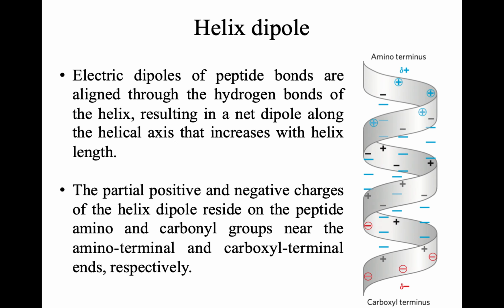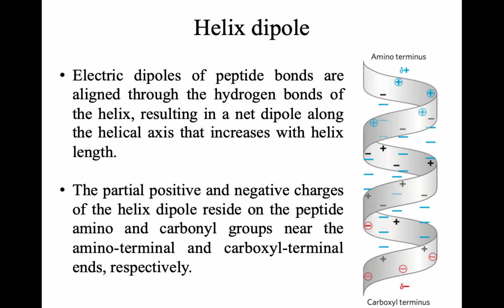And one more aspect about the alpha helix that we need to understand is the helix dipole. In the earlier class, we were discussing the peptide bond. The peptide bond has a partial positive and a partial negative character. The carbonyl oxygen of the peptide bond carries the partial negative charge, whereas the nitrogen atom of the amide group of the peptide bond carries the partial positive charge.